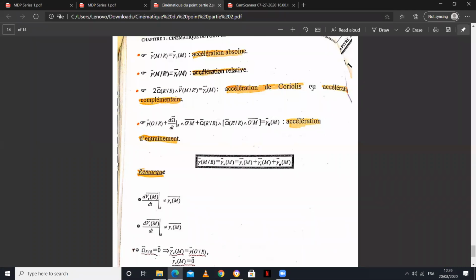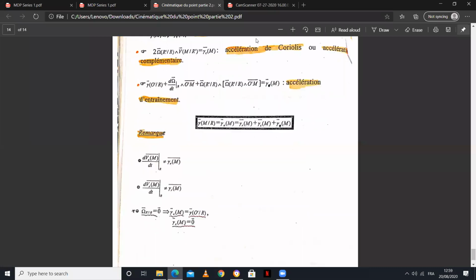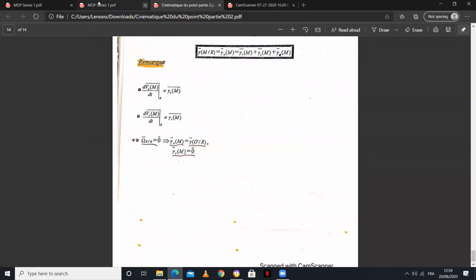So acceleration de Coriolis, the formula is here. And acceleration d'entraînement, the formula I used is there. And acceleration relative, it's easy. You just derive the vitesse relative dans R1, and then you add them, and you get your gamma absolute.